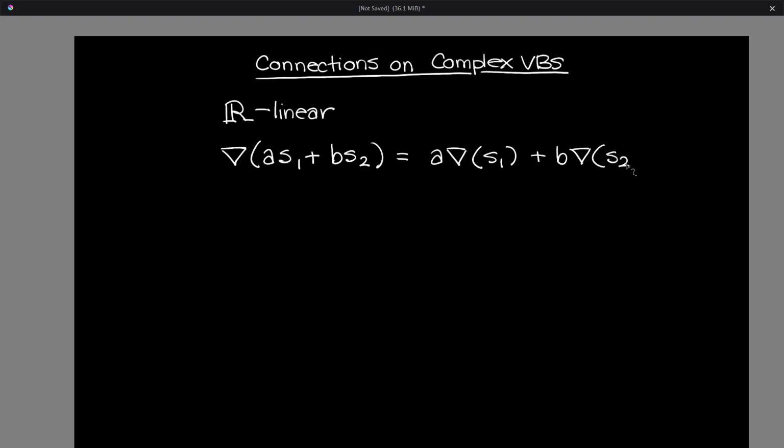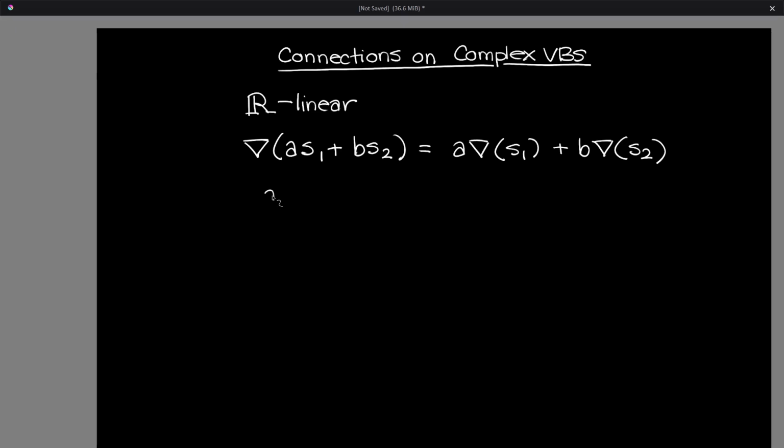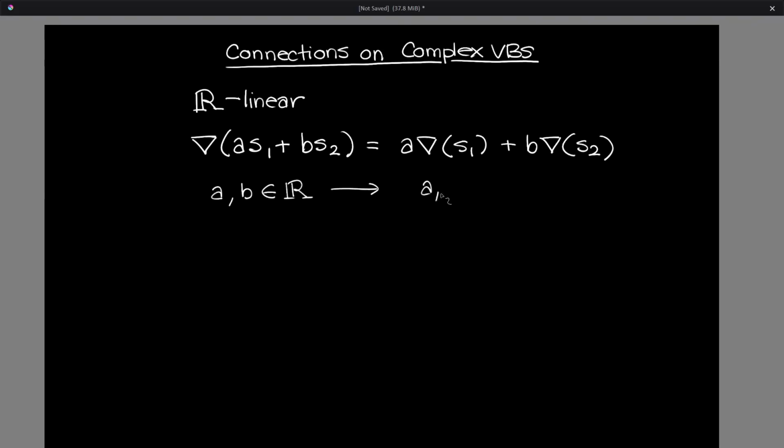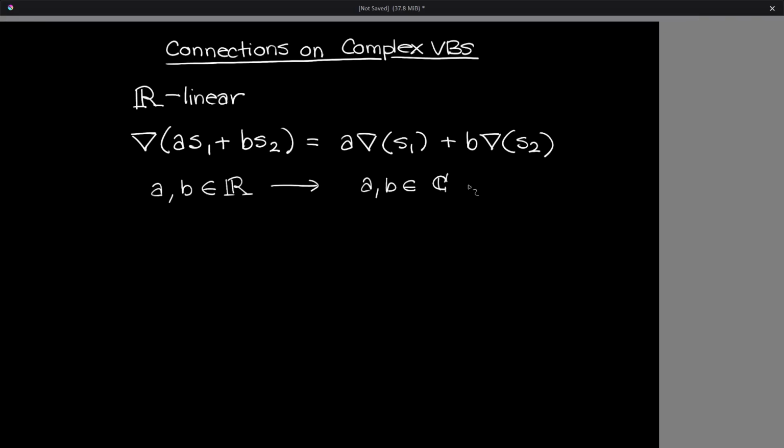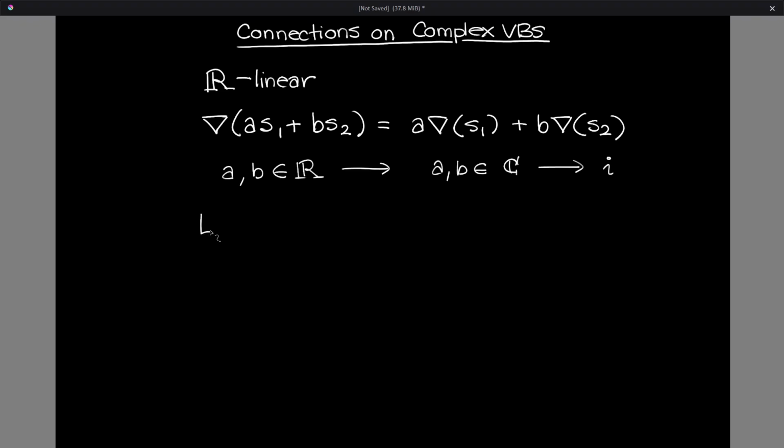So we were saying before that A and B had to be elements of R, and now we're just going to upgrade this to C linearity, which is that A and B have to be elements of C. Specifically, that means that i is now a possible number that we can put in as a coefficient, right?